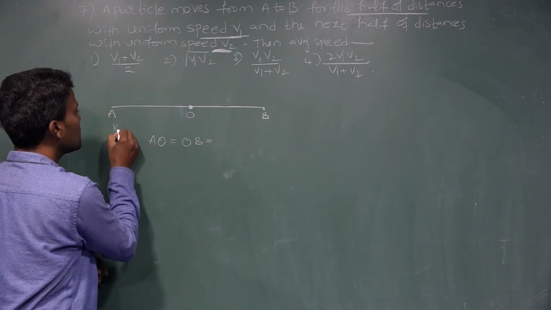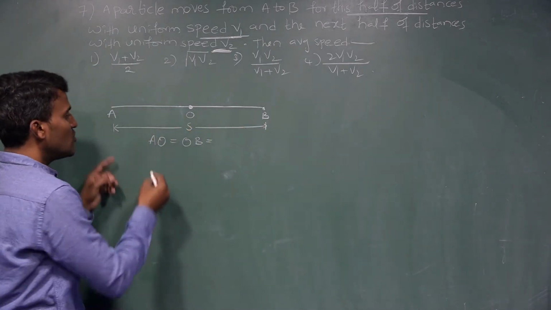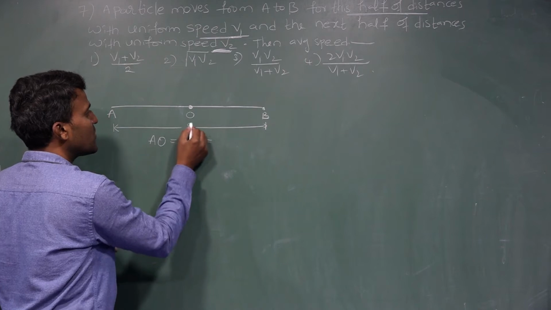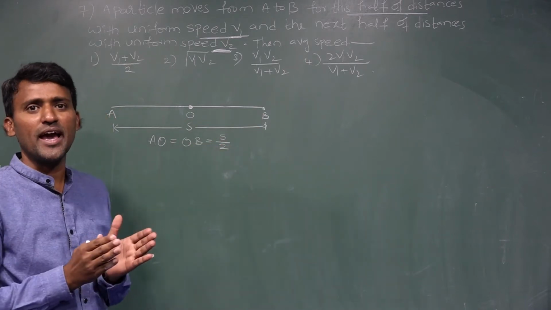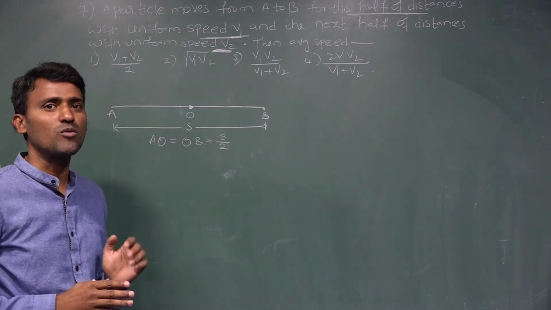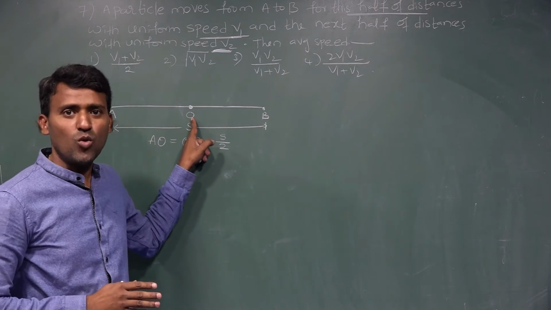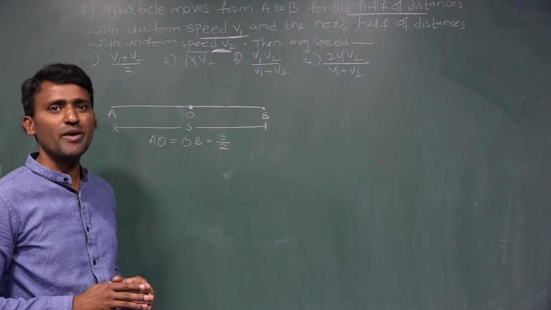If the total distance is taken as S, then OA is S by 2 and OB is S by 2, because we are dividing AB into two equal parts with the midpoint O.